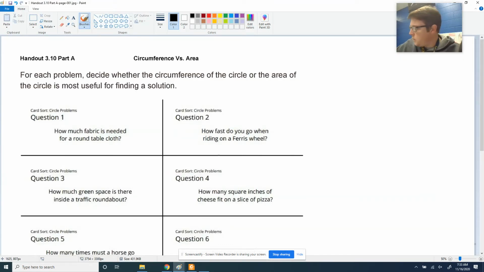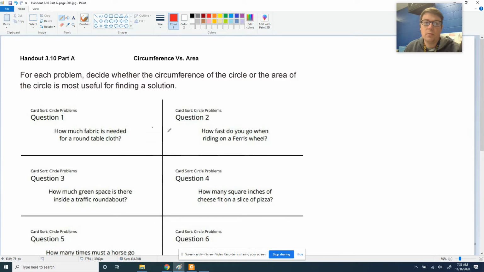I've broken down lesson 3.10 into two parts. We'll do one part today, one part tomorrow, and we're just going to talk about this first part here, which is comparing circumference versus area, being able to read a problem and know, does it want me to find the circumference of the circle to find the solution, or should I be finding the area of the circle?